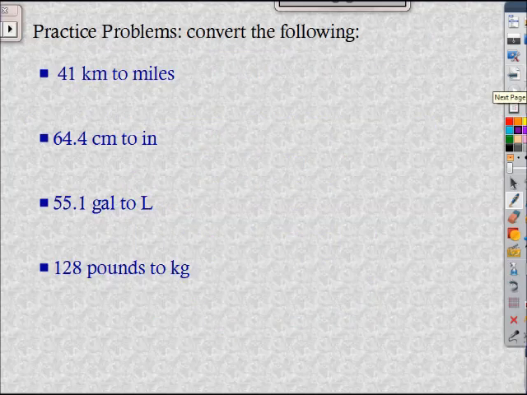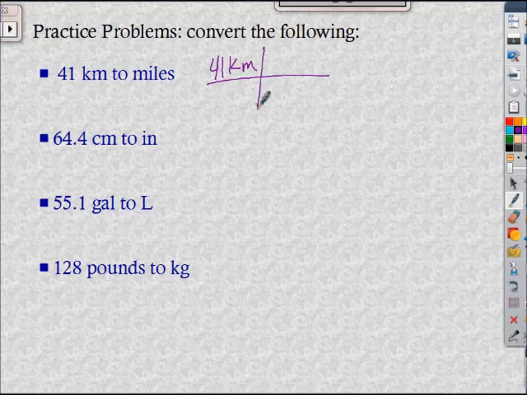If I'm given 41 kilometers to miles, I'm given 41 kilometers. I want to switch miles to kilometers. So you look on your conversion sheet and you find that 1 mile is 1.6093 kilometers.